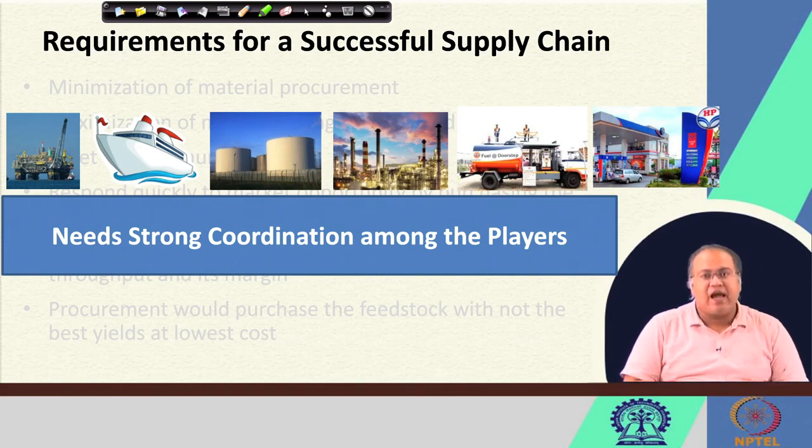So, let us see how we can design a decentralized solution for this problem, which we have seen in the case of the petroleum supply chain in specific and supply chain in general.